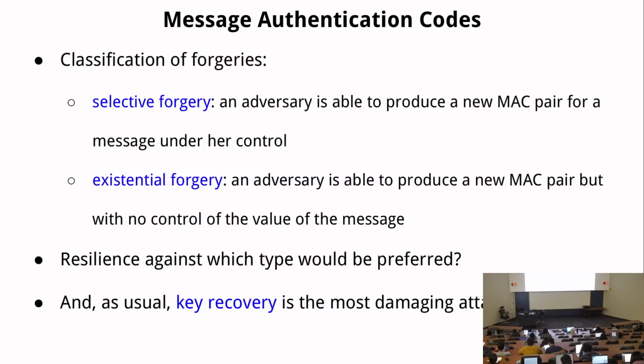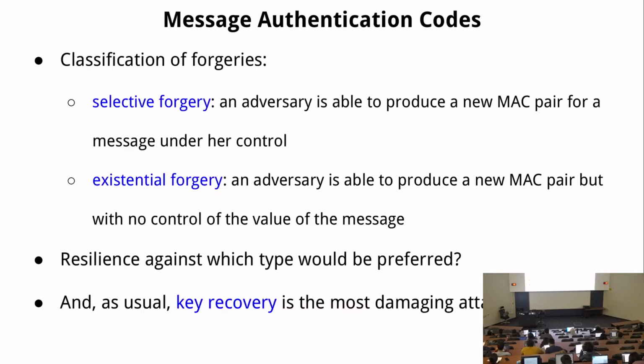From the attacker's point of view, we can classify the forgery into two different cases. One we call selective forgery, which means the attacker is able to produce a new MAC pair for a message under the attacker's control. So this is a very strong attack. Basically, it means the attacker can generate any tag for any message.